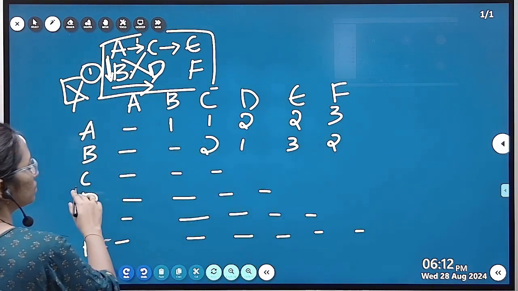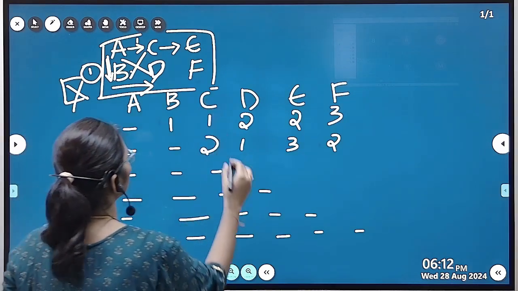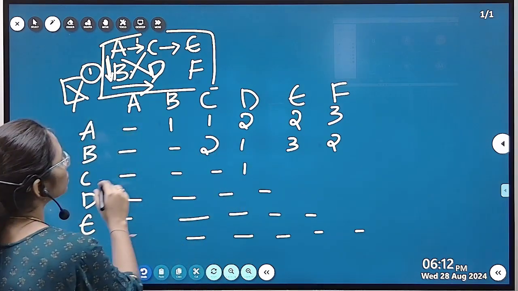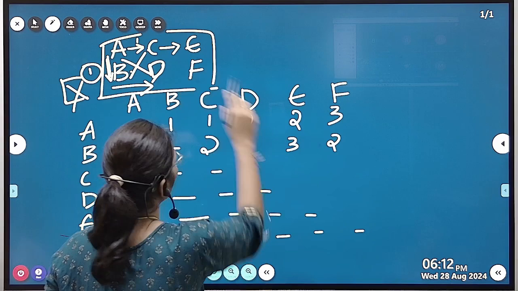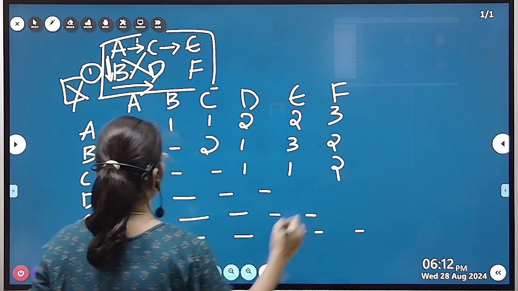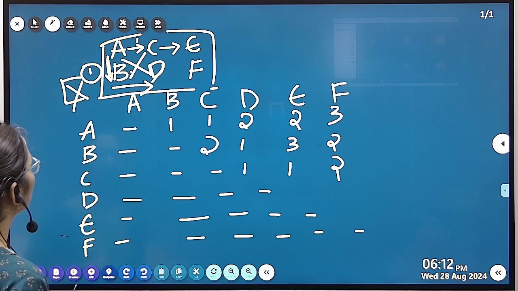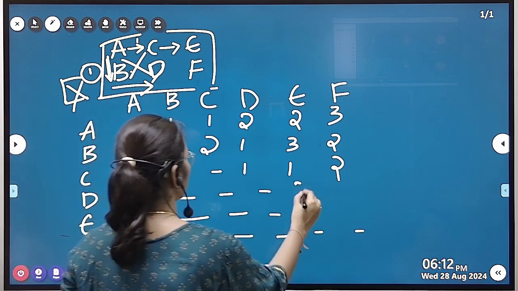Next C to D, 1, and C to E, 1, C to F, 2. Next D to E, 2.